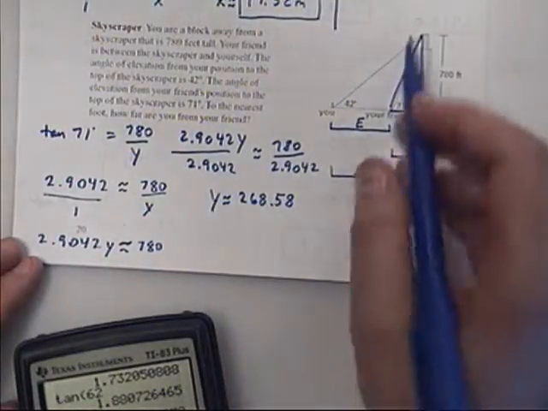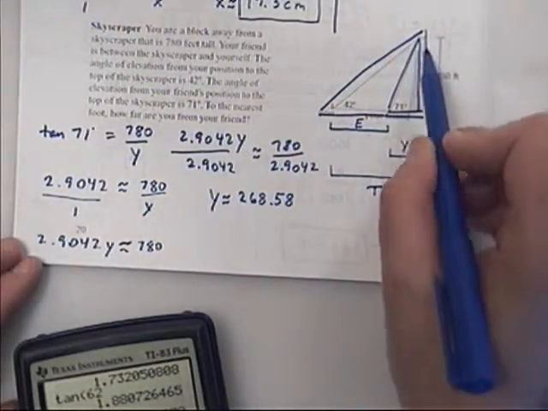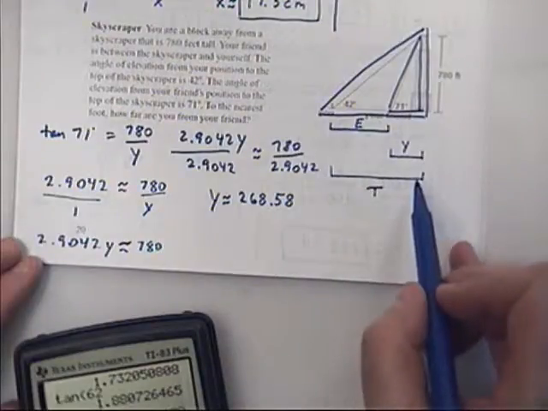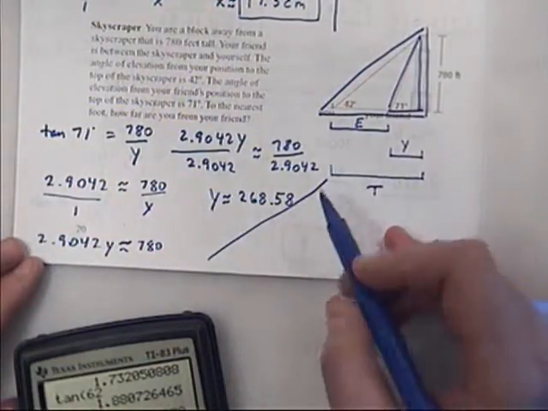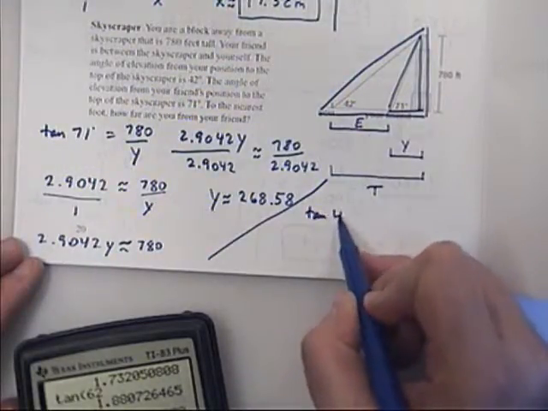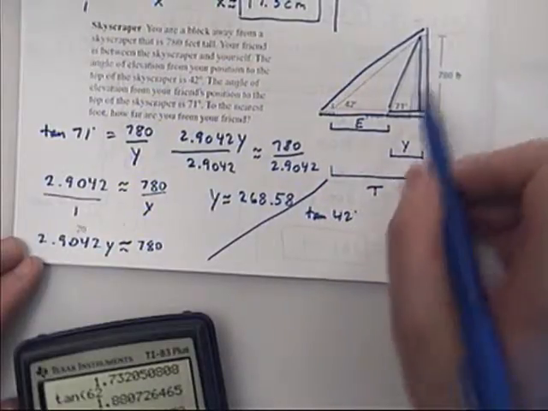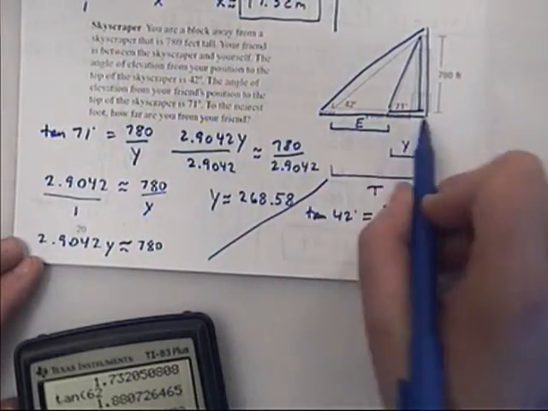You can do that same thing by using a larger triangle. In this case, you'll find the t value. And so doing that, I'll show my work down here. The tangent of 42 degrees equals opposite over the adjacent.